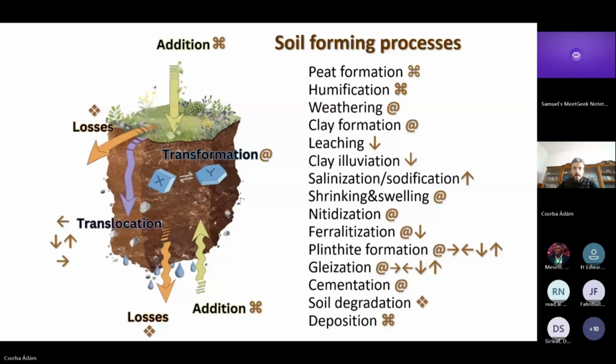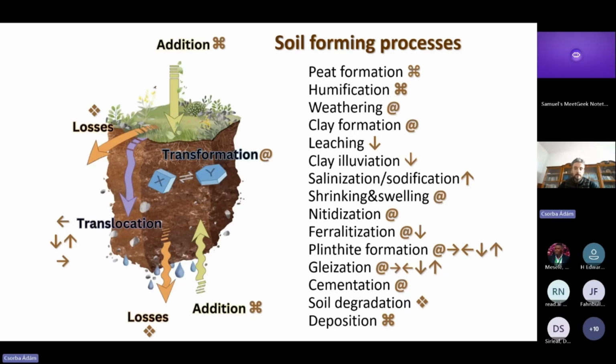Gleization is associated with prolonged water saturation and reducing conditions, so it is a transformation process. Peat formation is mainly an addition and accumulation process because organic material builds up faster than it decomposes.